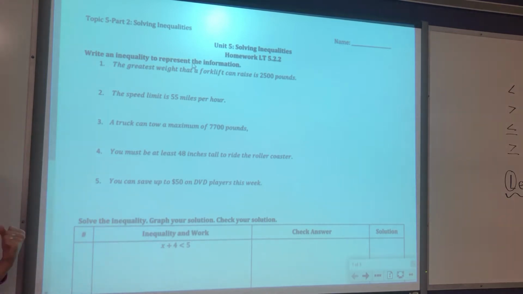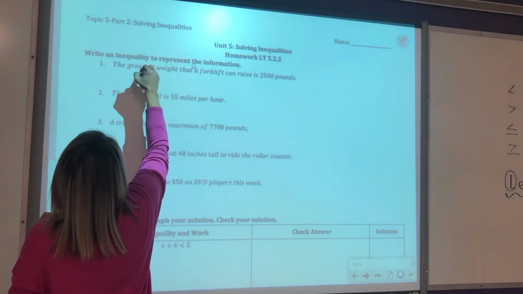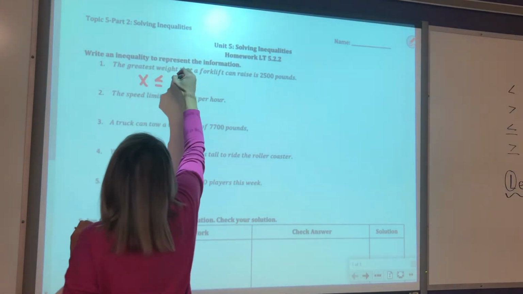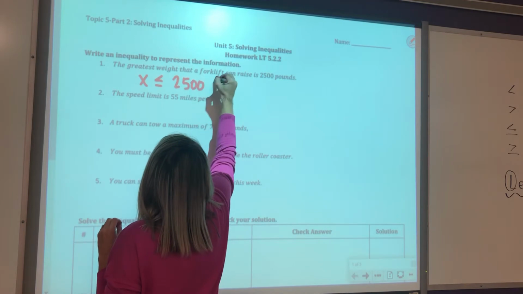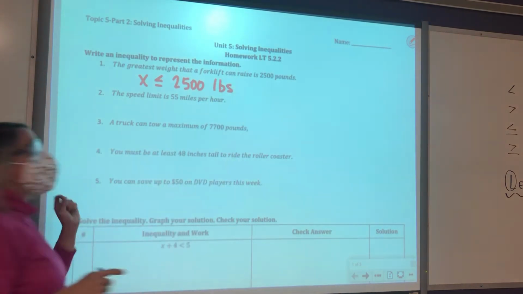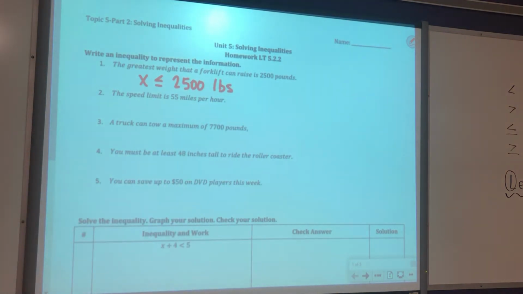X is less than or equal to 2,500. Very good. Now, the greatest weight means the highest value, and then anything lower, the forklift can lift.